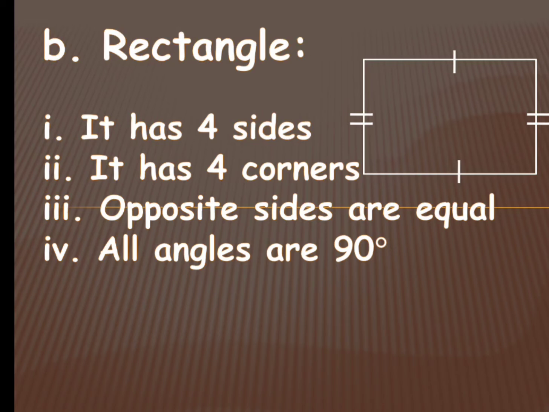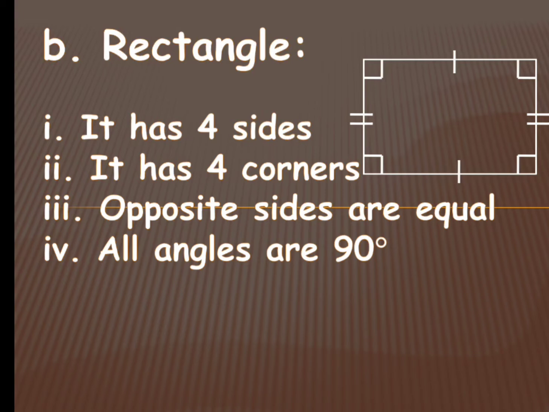Okay, when you measure, all angles are 90 degrees. That means the similarities between a square and a rectangle is both have four sides, both have four corners, and all the angles are equal, which measures 90 degrees. These are the similarities. And what are the differences? In a square, all sides are equal, and in a rectangle, only opposite sides are equal.